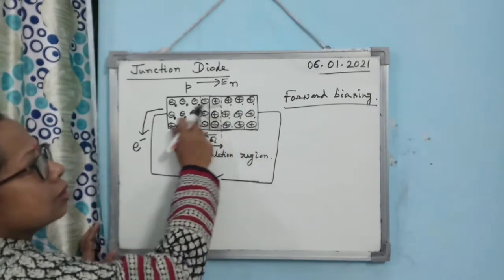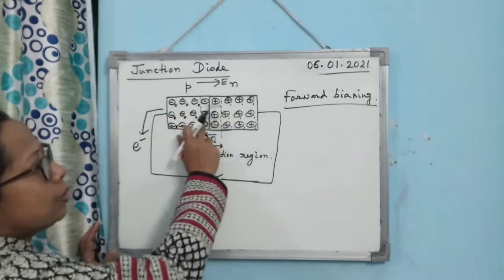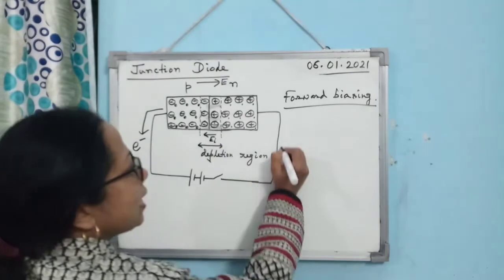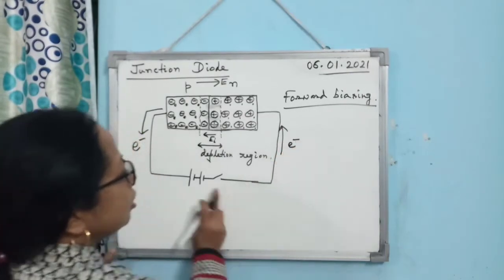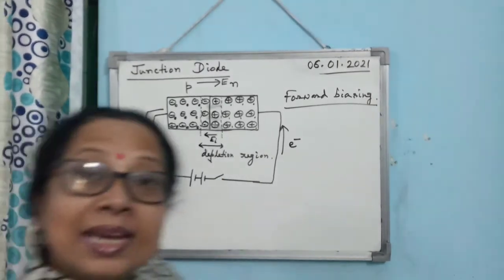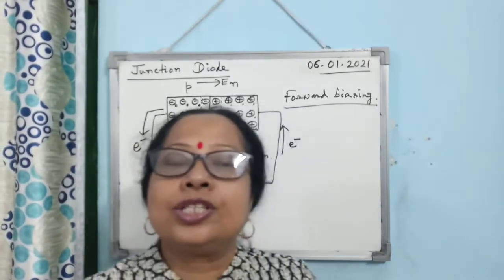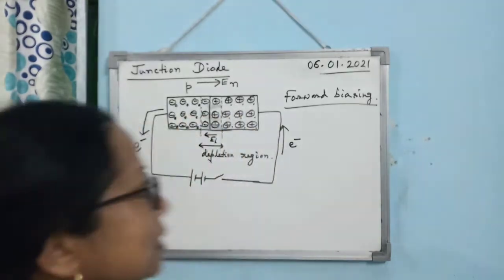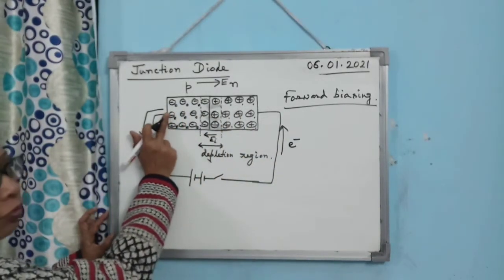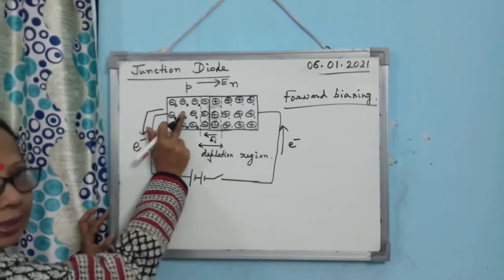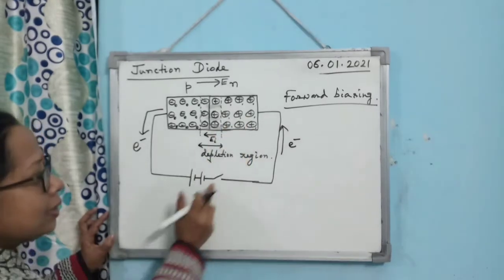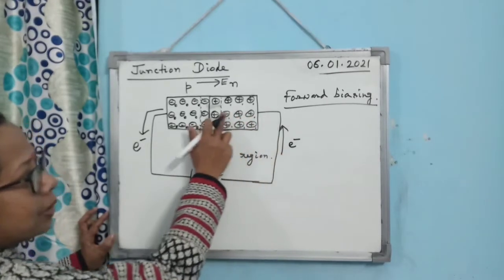Three electrons diffuse from the N region to the P region and are lost. So here it will extract 3 electrons from the negative terminal of the battery and regain the concentration of electrons. So you see, it is so nice: here it loses 3 holes, 3 covalent bonds break, it gets 3 holes back, and 3 electrons come out. The other side has lost 3 electrons and is extracting 3 electrons from the negative terminal.